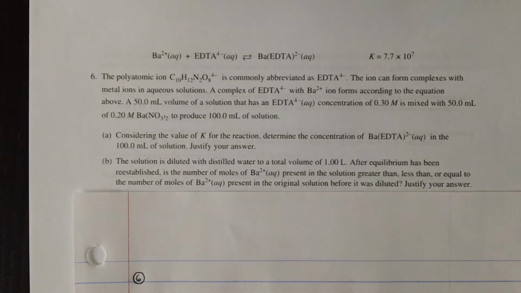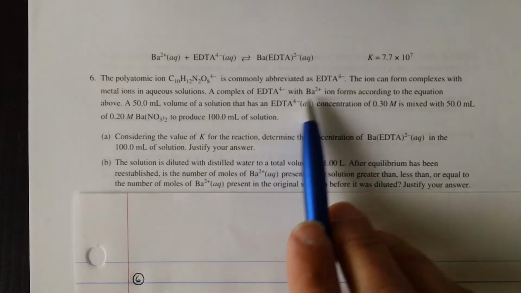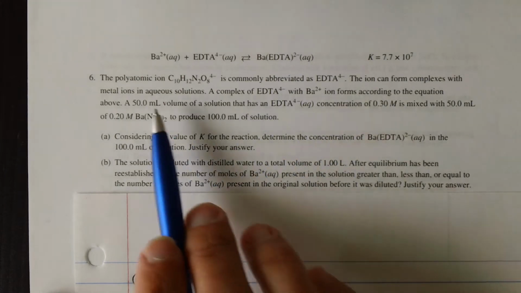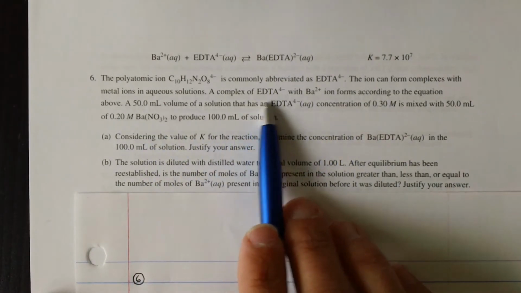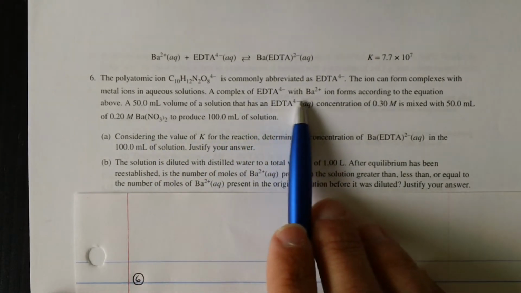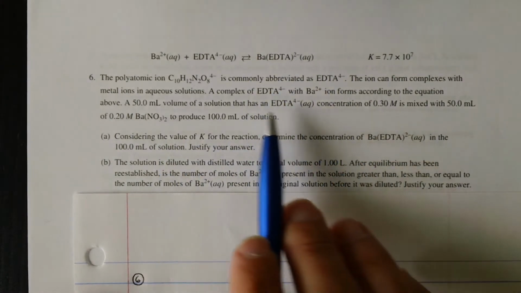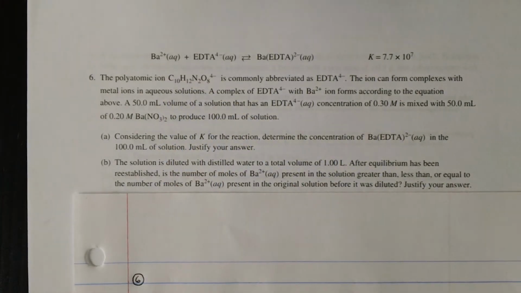So here we go. It says we have some barium mixing with this EDTA. It forms a complex, and so we have these two forming this barium EDTA, and it gives us volumes and concentrations of both of the reactants.